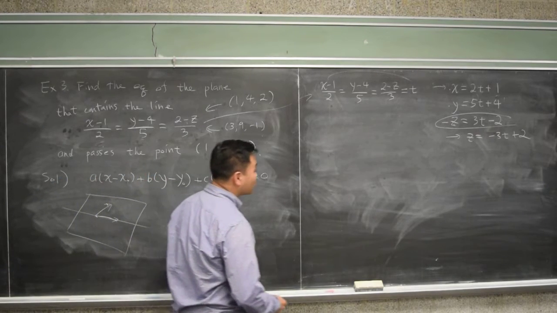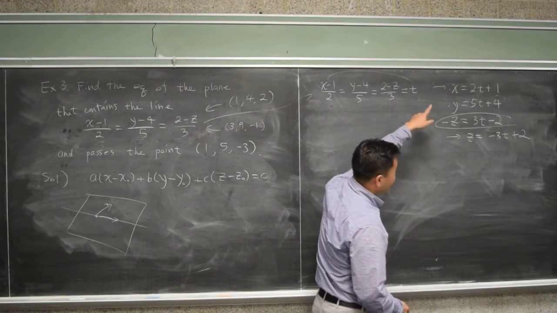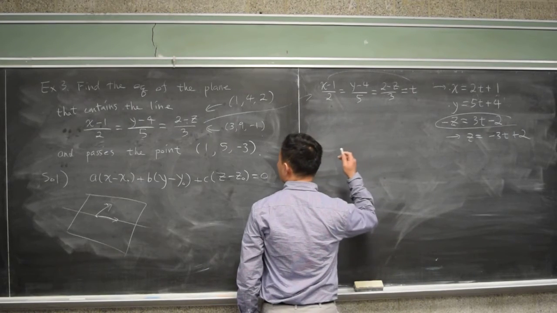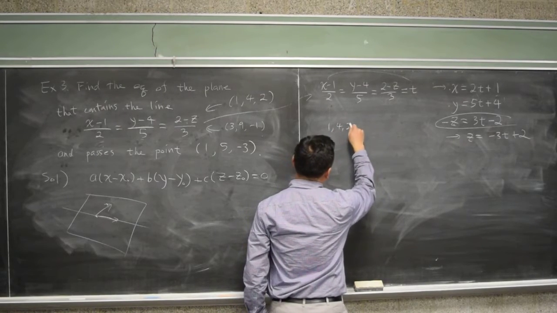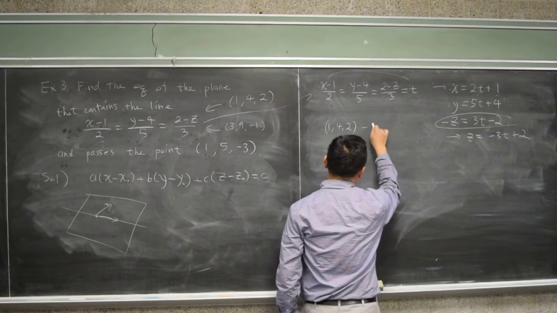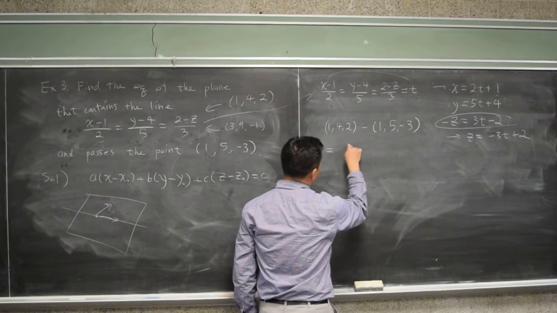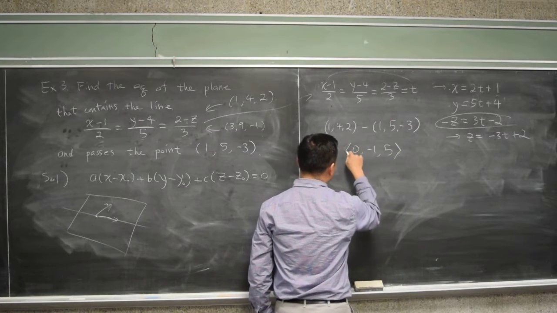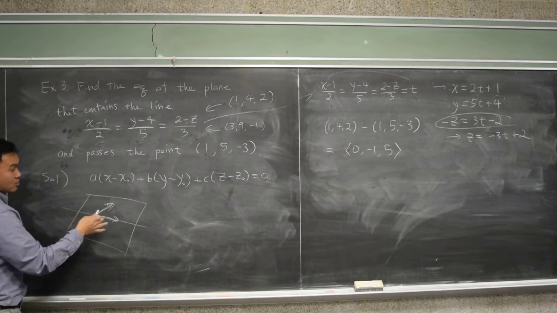So I guess the shortest way to solve this is to first change it to this. And then the next step would be, from here, we know that 1, 4, 2 is a point on the plane. And here's another point on the plane. If you subtract the 2, you get a vector that's apart from the direction of the line, right?